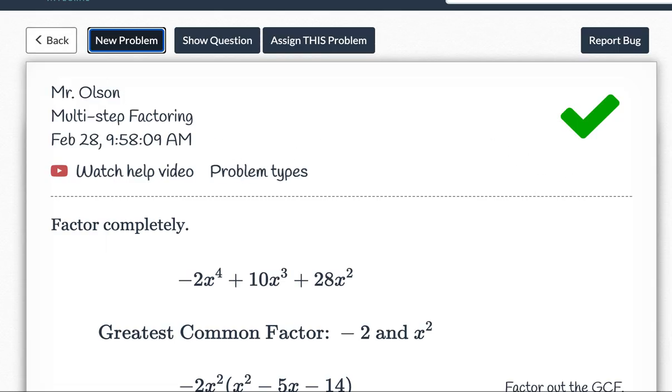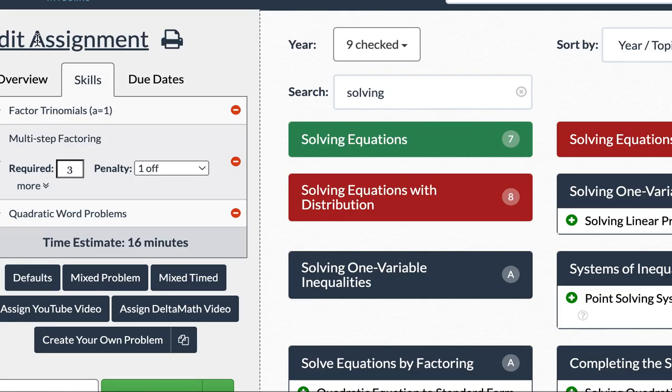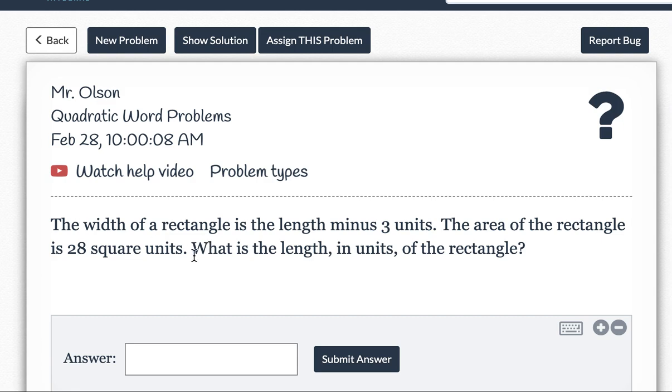All right. Then if we go back to the other skill, this was quadratic word problems. In doing these, it really helps to draw a picture. We're talking about a rectangle, so we know what that shape looks like. And then we want that area of the rectangle to be 28 square units, so we would just do length times width equals 28.